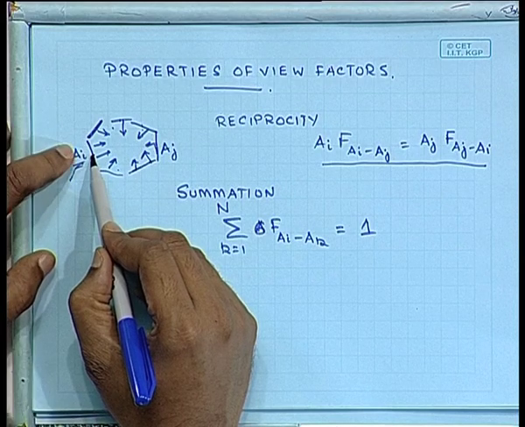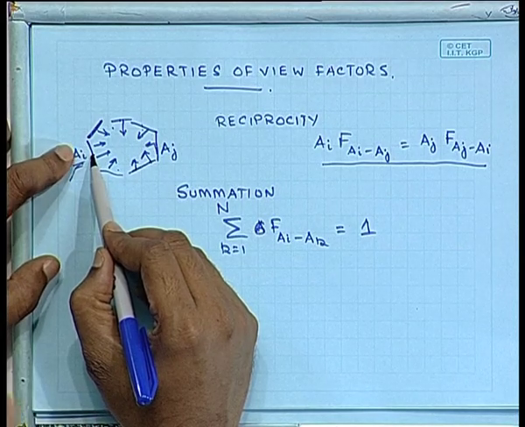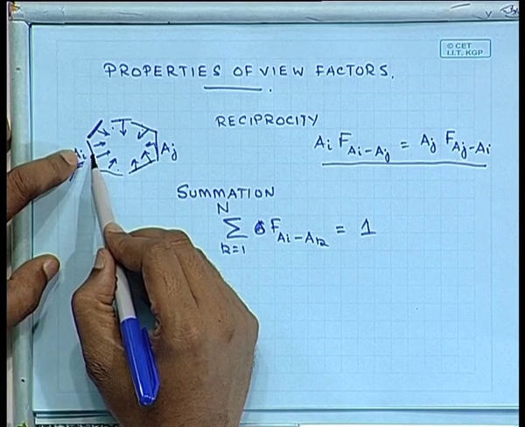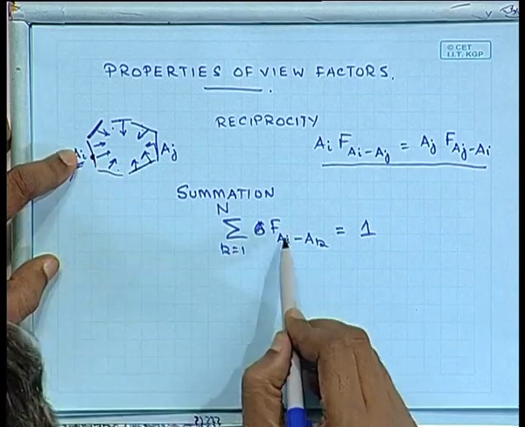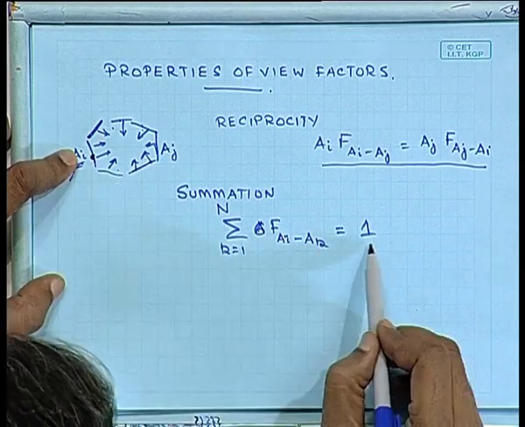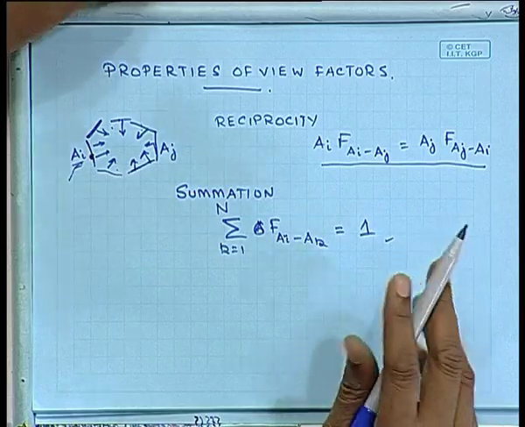Ai may also receive some radiation which is being emitted by itself. So, since view factor is a fraction, if I sum all of them together over all the surfaces forming the enclosure, that sum must be equal to 1. Clear? So, two relations clear.